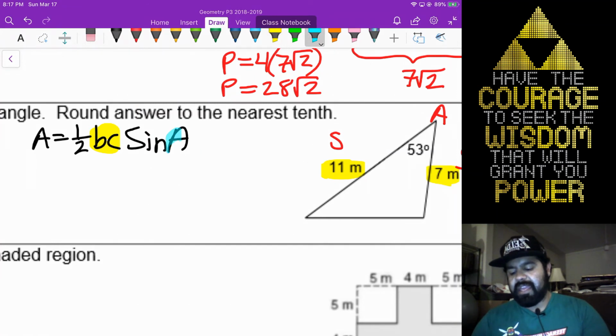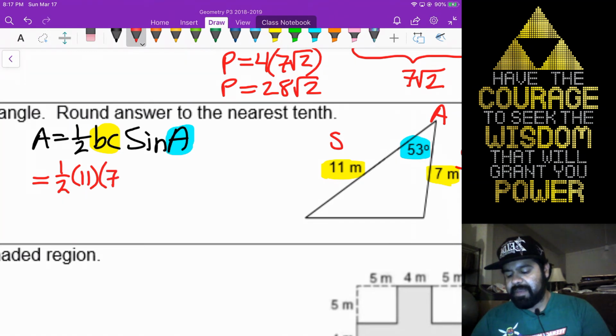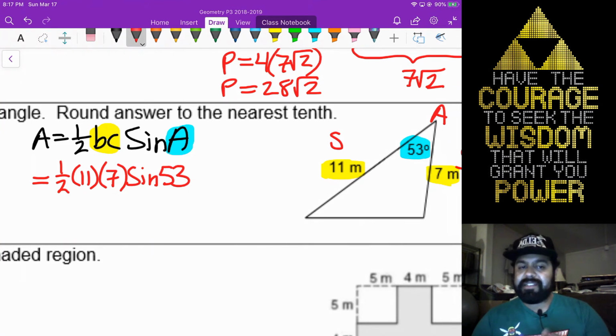And then our A represents our angle. So it's just simply substituting in our numbers. Again, I'm not using my calculator, so I'm going to leave this to you. Make sure your calculator is not in radians, that it's in degrees, otherwise you will not get the correct answer.